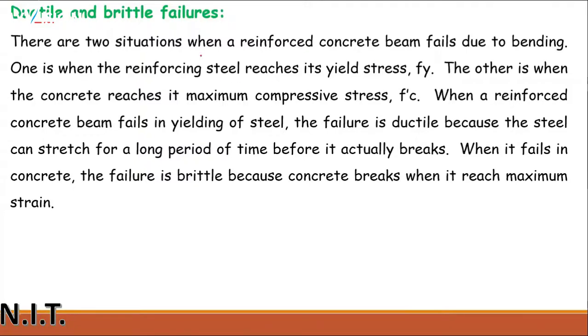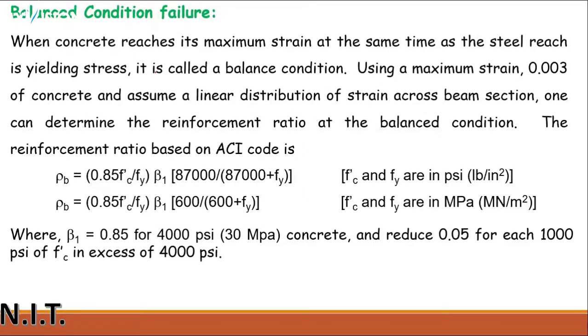When the steel reaches its yielding stress, the failure that happens is called ductile failure. And when the concrete reaches its maximum compressive stress, then the failure is called brittle failure. When these two things combine together and fail together, then we can say that type of failure is a balanced failure.